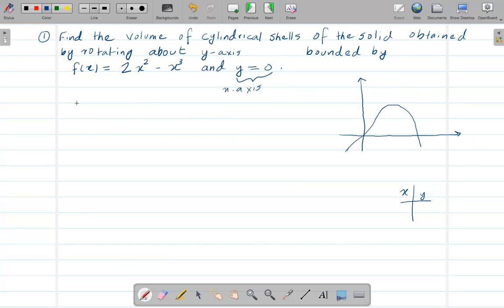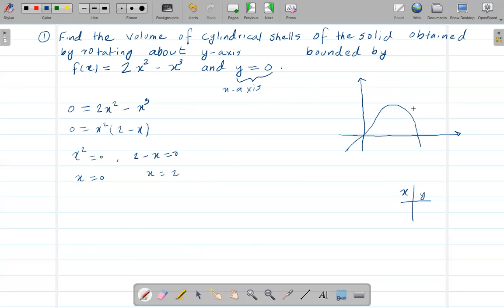So assuming 0 equals 2x squared minus x to the power 3, I can factor out x squared, giving 2 minus x. That means x squared is 0, or 2 minus x equals 0. So from here, x is 0, and from here, x is positive 2.